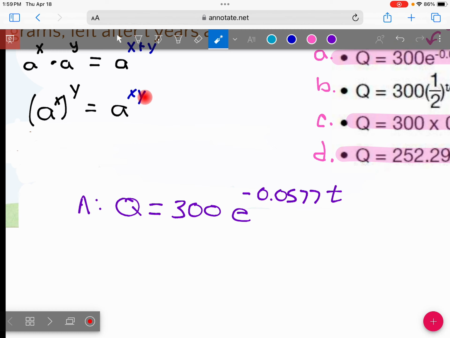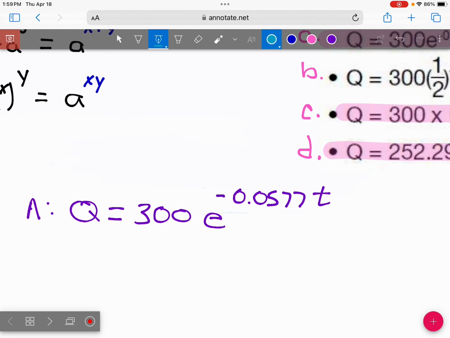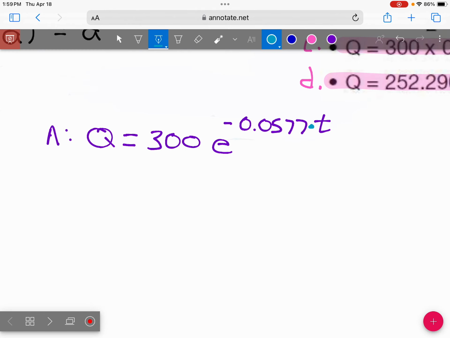So if x and y are multiplied, that means I can split them up and make them powers. So since this decimal and the t are being multiplied, I can split this up and get rid of the e. I can make this 300 times e to the gross decimal, 0.0577, and raise that to the t power to get the t by itself.